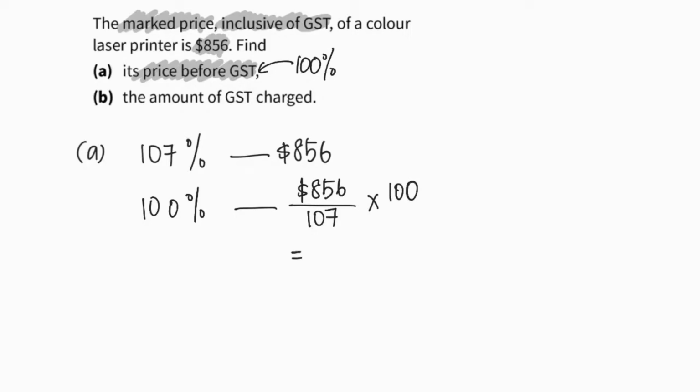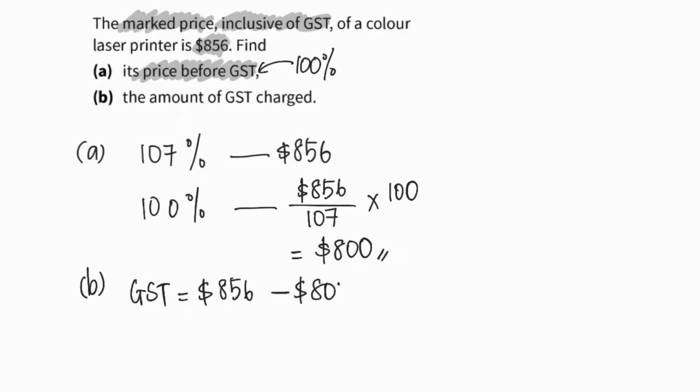So this one will give me a value of $800. Part B. What's the GST amount that is charged? The GST is 856 minus the price before GST. And we are done here.